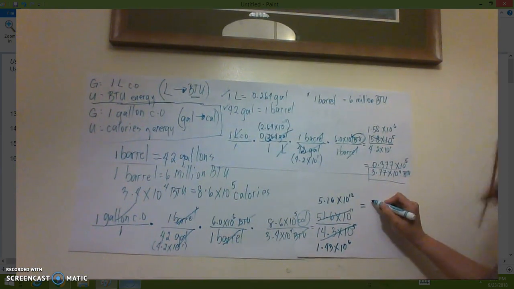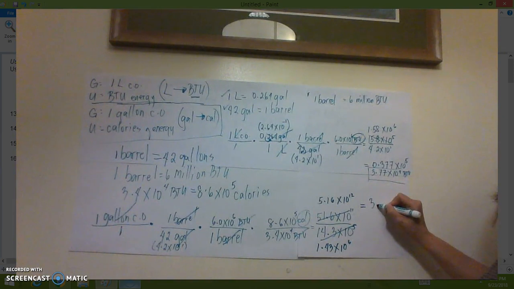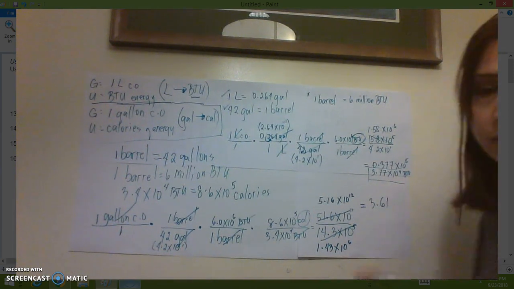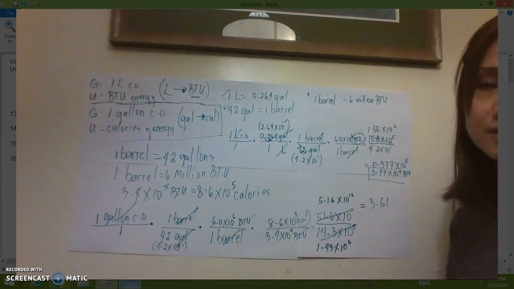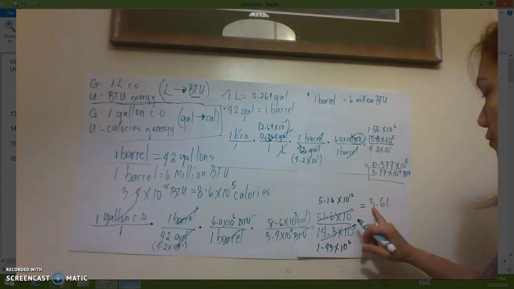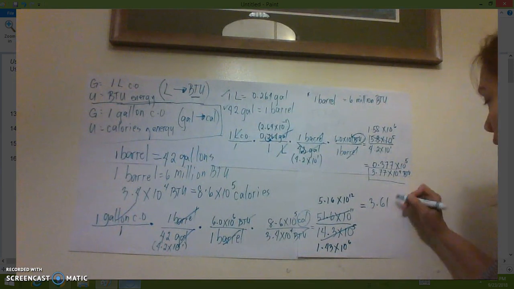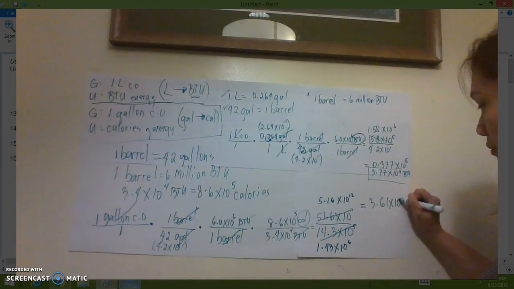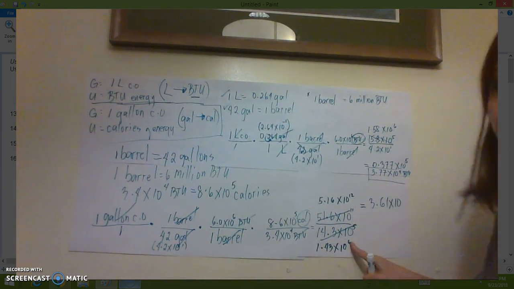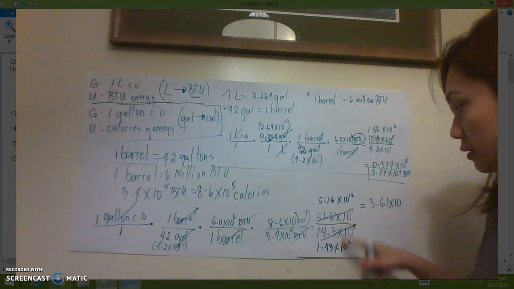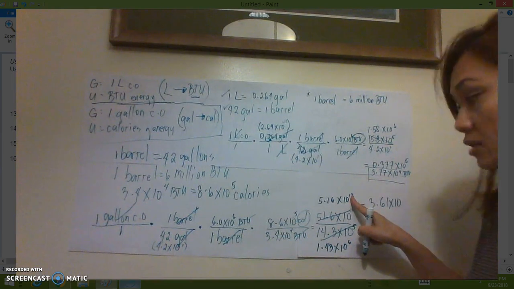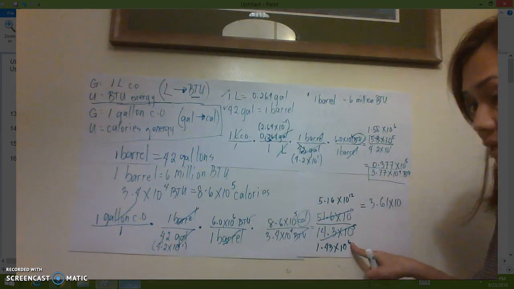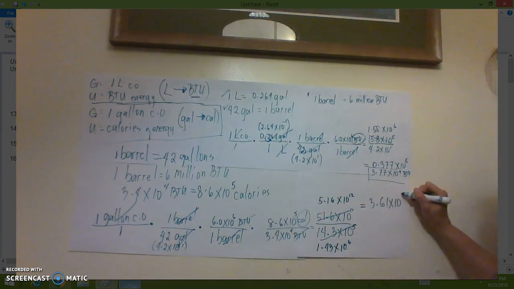So I got here 3.61, and we always, in our case, express our answer into 3 significant digits. So 3.61 times 10, because we divided, for our power, we are going to subtract. So 12 minus 6, we are going to get 6.